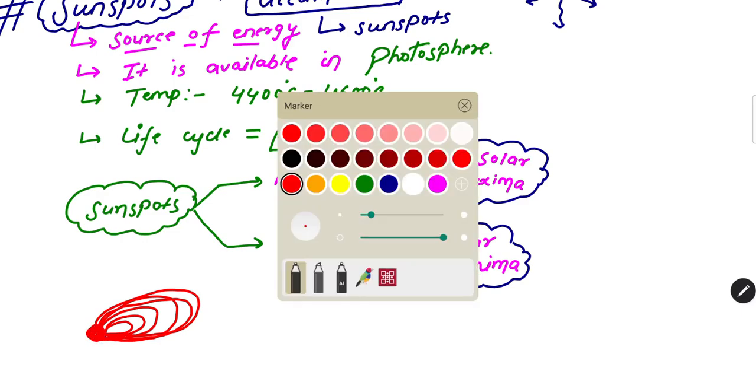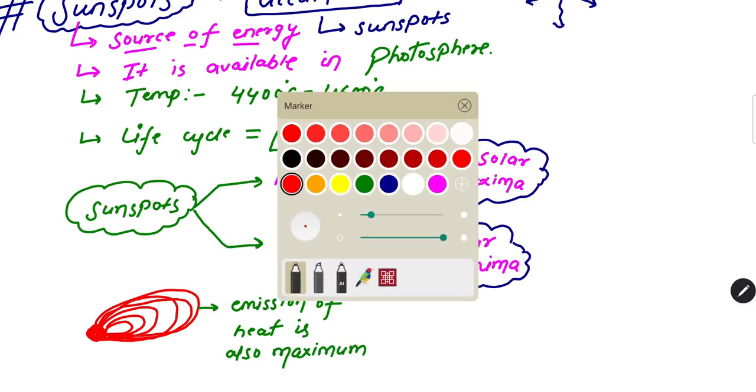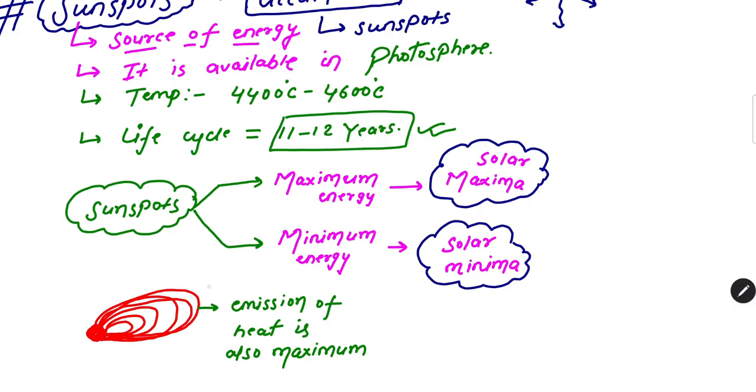If there is a maximum energy, then the emission of heat will also be maximum. If the emission of heat is maximum, then from here this energy will start moving outward.